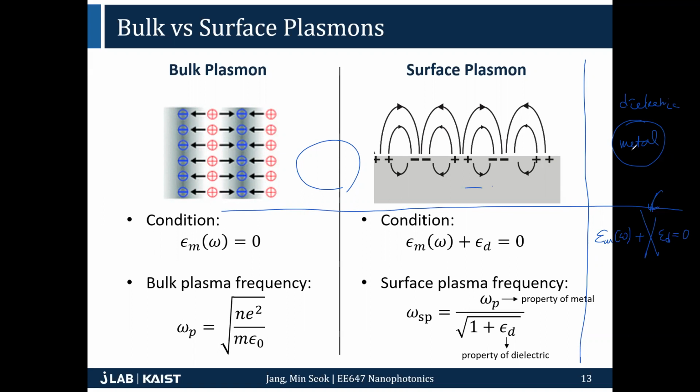Can you type in? Somebody asks you, what's the resonance frequency of this metallic ball? What's the condition for the resonance? If the condition can be written like this, then this factor x in front of epsilon d, is it larger than 1, equal to 1, or smaller than 1?